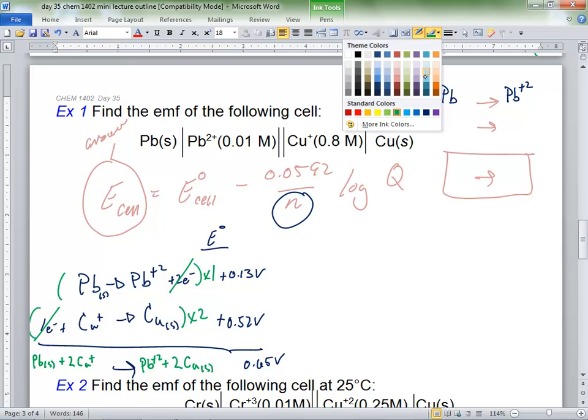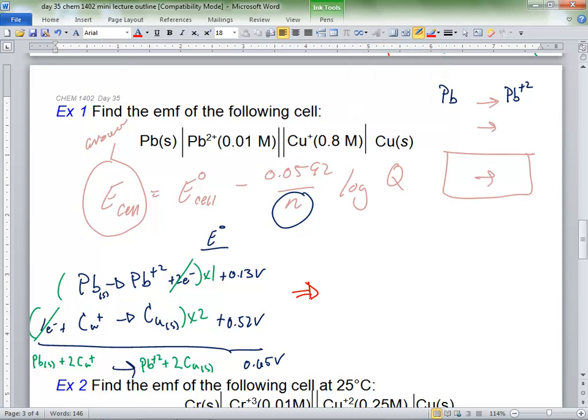It's 0.34. Sorry, we're wrong again. Fourth time is going to be the charm. Does it matter with the charges? Because that's Cu to Cu2 plus, not Cu plus to Cu. You have to match this exactly. No, that's wrong. You have to find Cu plus and an electron goes to Cu solid.